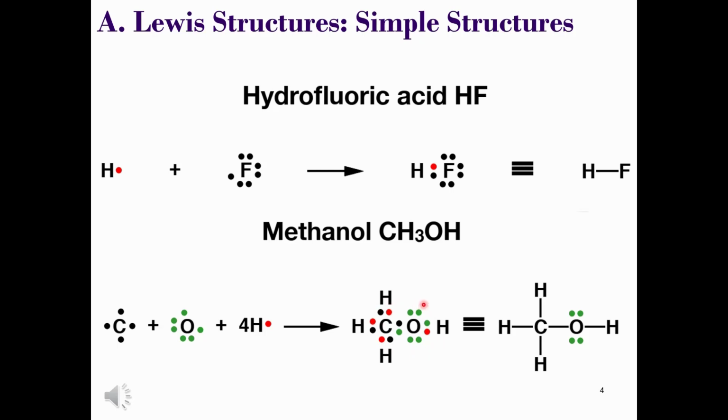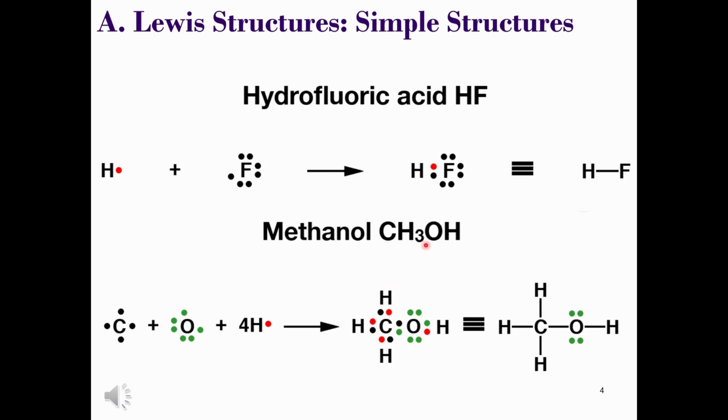The second is to find the number of electrons needed to make the atoms happy, in air quotes. This is about fulfilling the duet and octet rule. The third step is to determine the number of bonds in the molecule. Carbon we know forms 4, oxygen forms 2, and hydrogen forms 1. The fourth step is to choose a central atom.